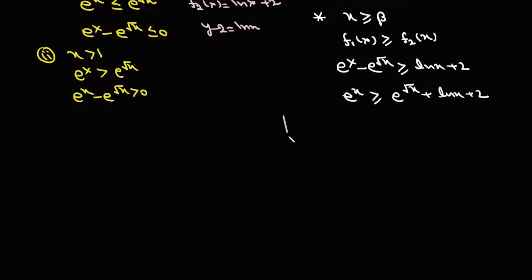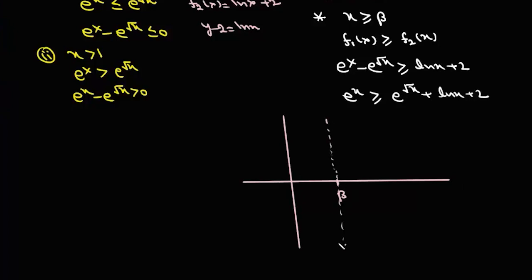So from here, if this is beta, then after beta, the graph of e to the power x will always lie above the graph of e to the power root x plus log x plus 2.